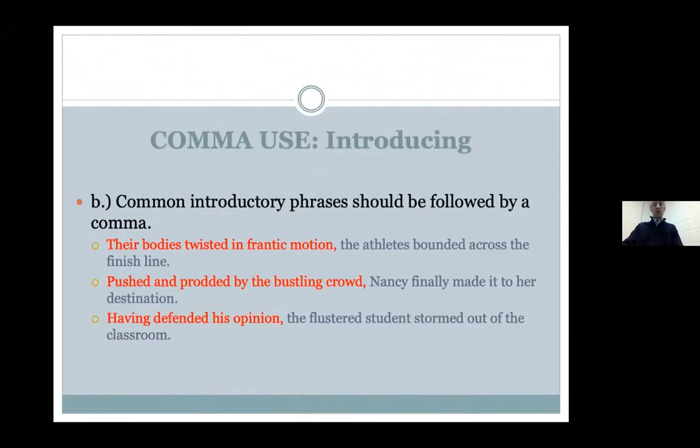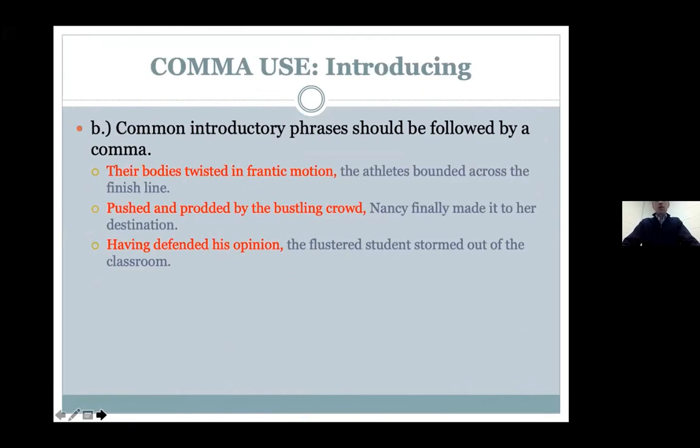Okay. Sometimes you could have a complete phrase here. Their bodies twisted in frantic motion, comma, the athletes bounded across the finish line. It's a great little sentence there, isn't it? Pushed and prodded by the bustling crowd, comma, Nancy finally made it to her destination. Having defended his opinion, comma, the flustered student stormed out of the classroom.